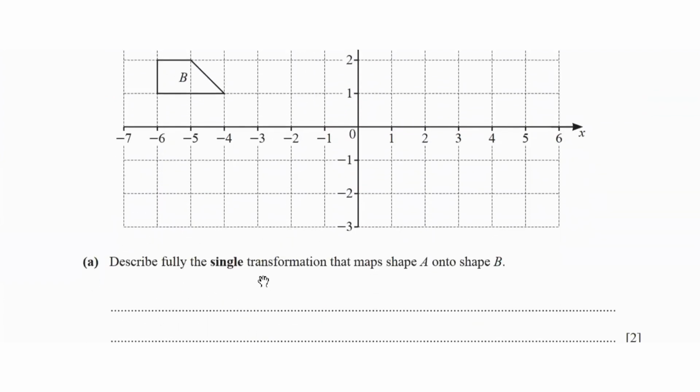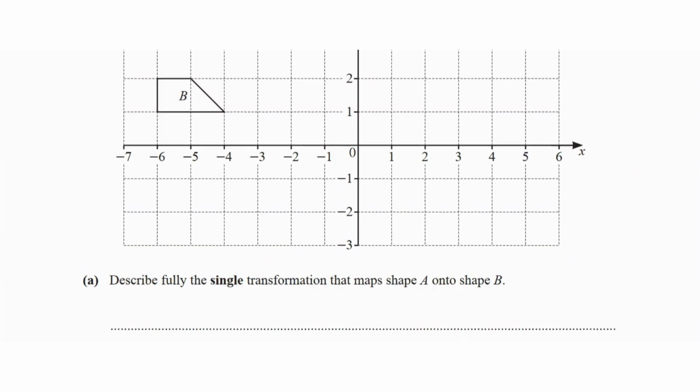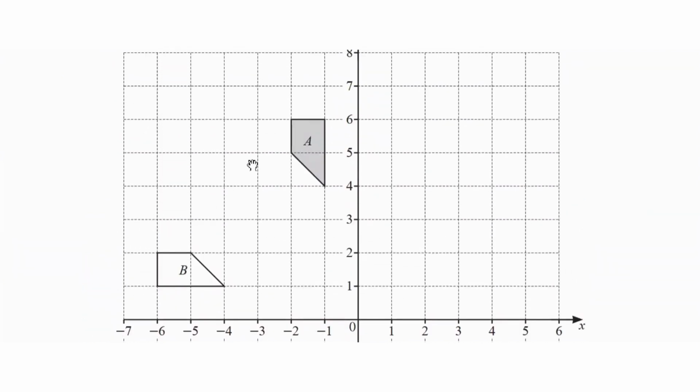Question 5 says, describe fully the single transformation that maps shape A onto shape B. Shape A onto shape B is clearly a reflection in the line y equals negative x. If we draw that, we can see that each point is equidistant from the mirror line.